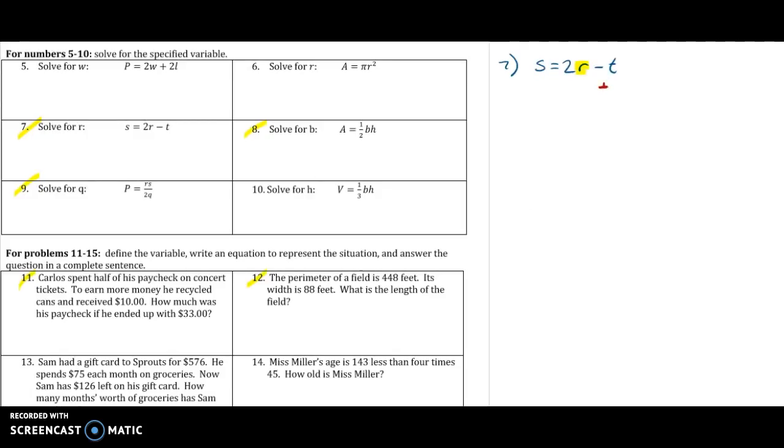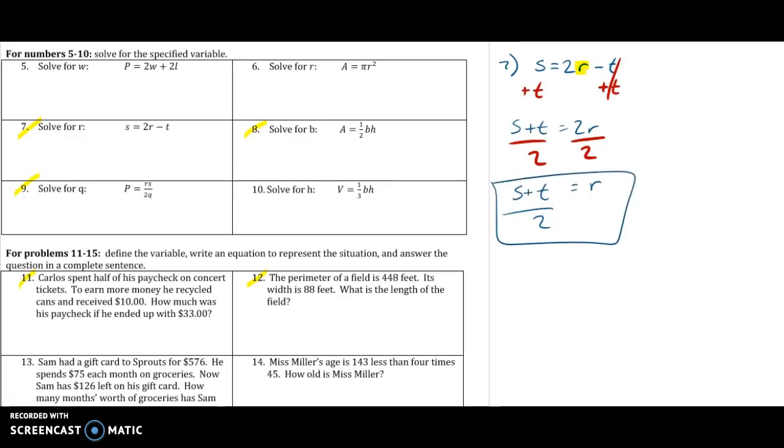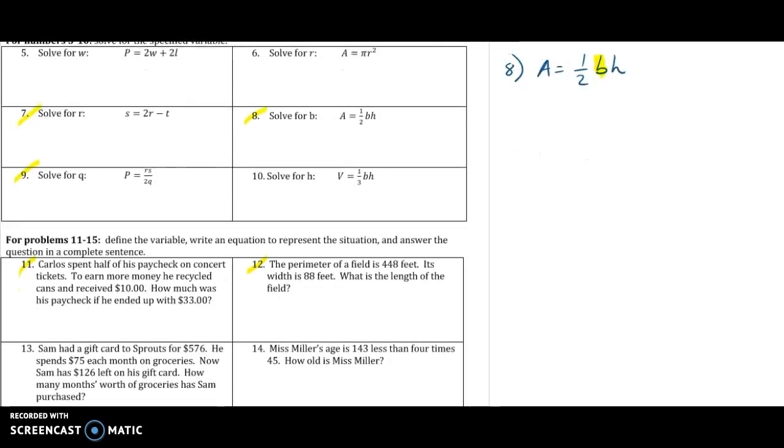So you want to move this t over by adding it to s. Plus they can't combine, you just get s plus t equals 2r. Divide. Number 8 for b.